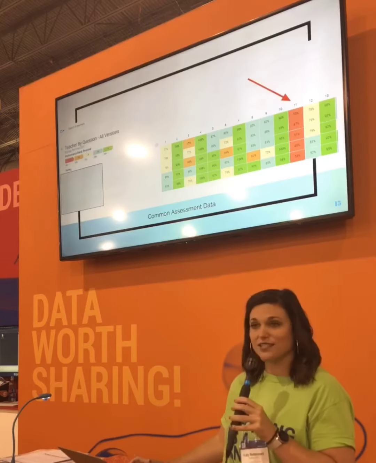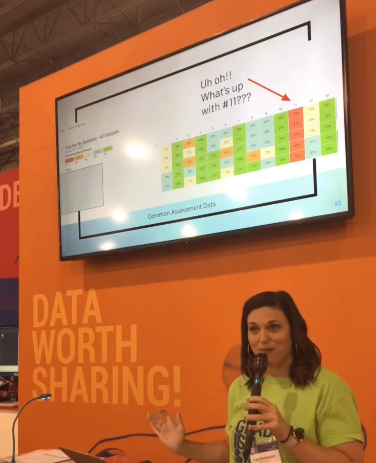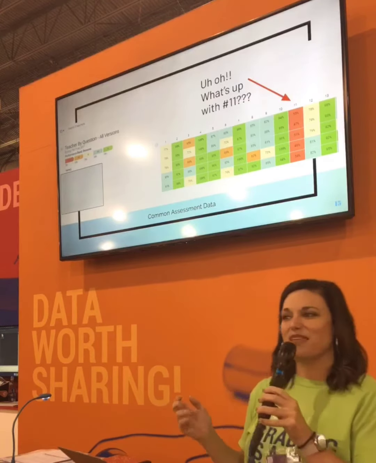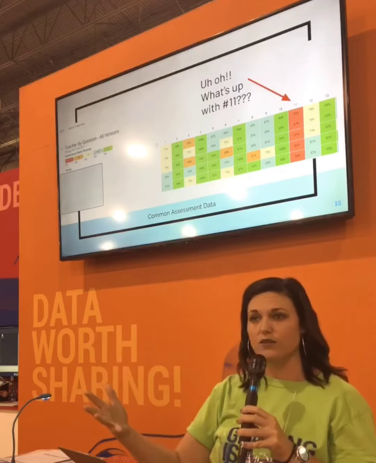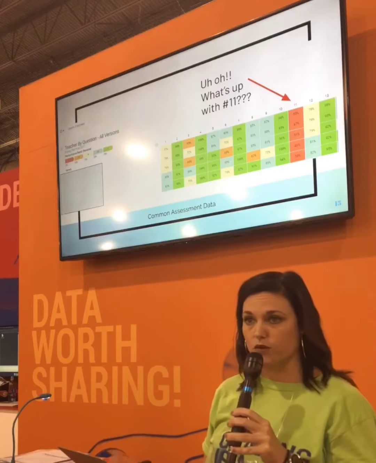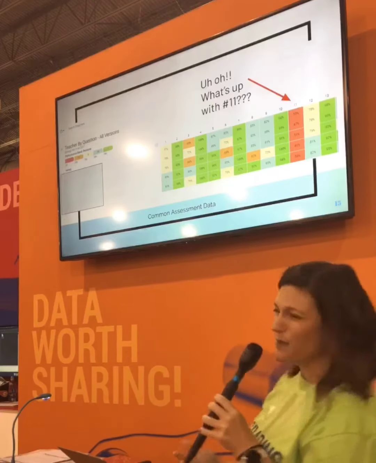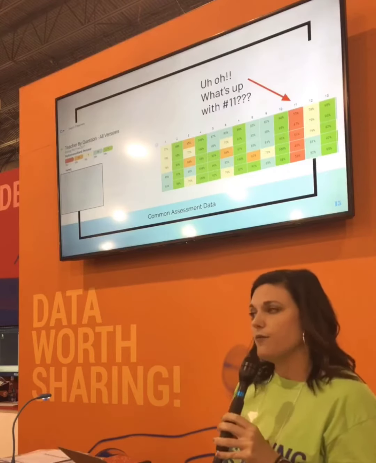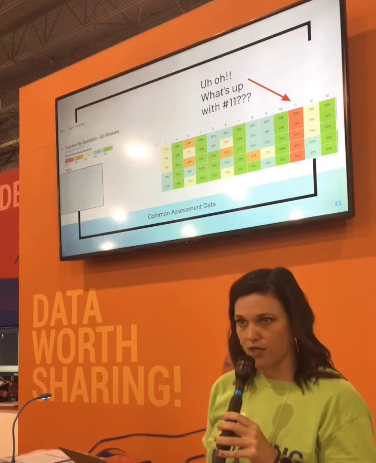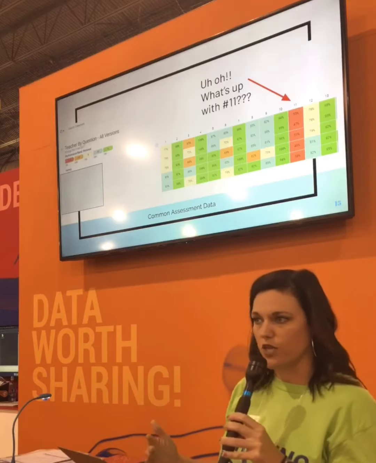It also tells us, okay, what happened with number 11? Obviously across the board in 5 sections, which is about 1,000 bio students, they didn't understand what we were trying to get them to understand. Maybe it was just a bad question. Maybe that question is worded very poorly. Maybe we didn't teach that correctly. We need to figure out what's going on.